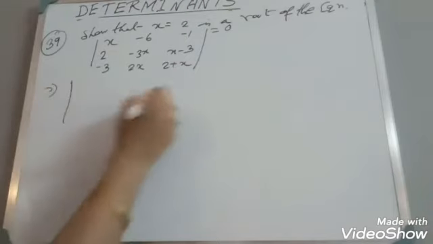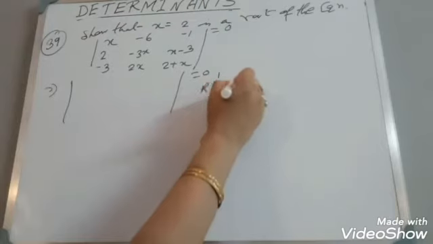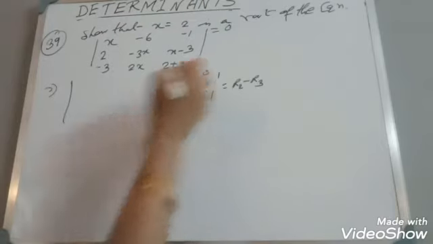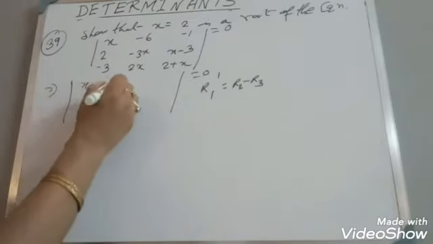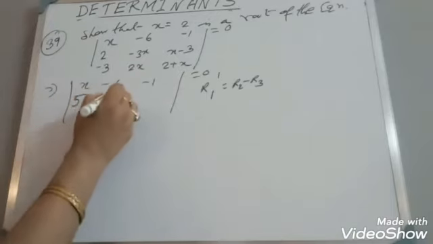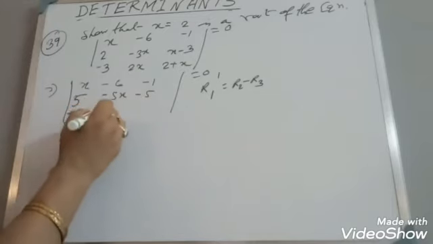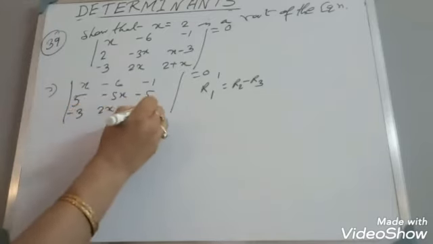Same as before, just we will give some operations. R1 dash equals R2 minus R3. Then what we will get? x minus 6, minus 1, 5; minus 5x, 5, minus 5; minus 3, 2x, 2 plus x.